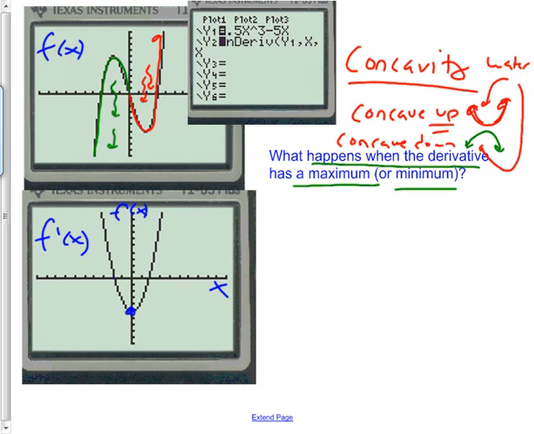As we go down this graph, in this whole blue range, we know that f prime of x is less than 0, so my function is decreasing.